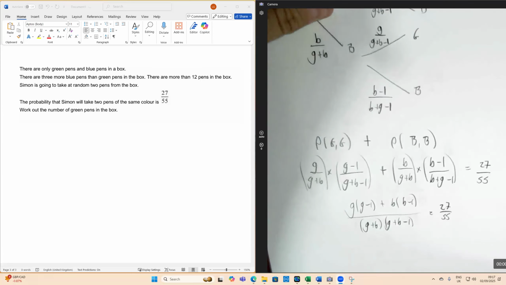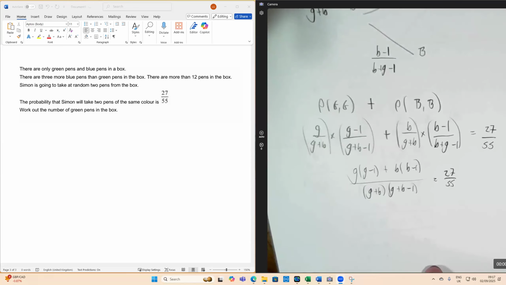Let's tidy up our numerator a little bit, and let's tidy up our denominator as well and see what that's going to give us.